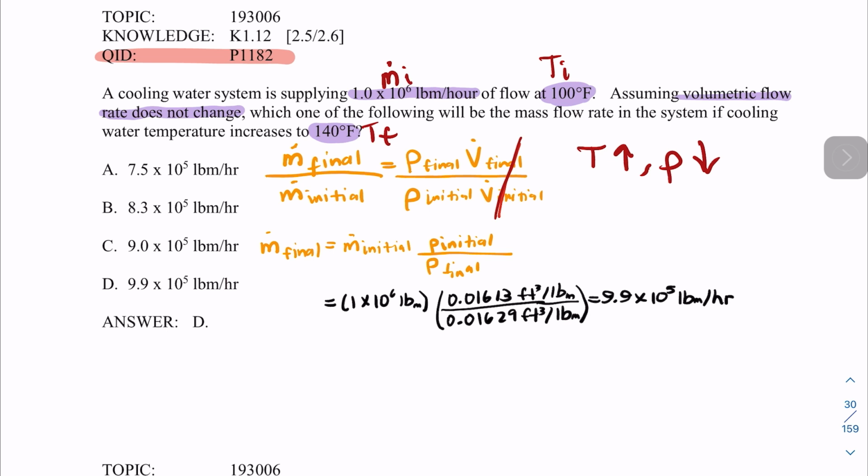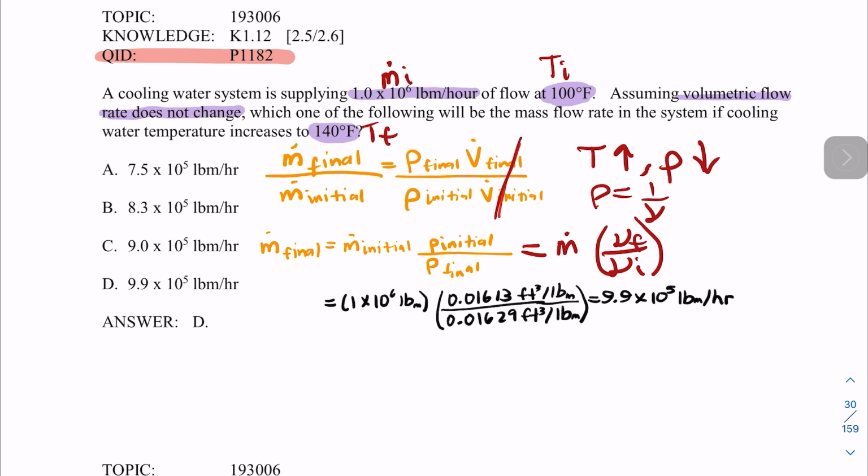So how is this change going to affect that? One of the things that we can do in here is say, okay, I just need to convert my density. So I'm going to have this formula. Density is equal to 1 over specific volume, right? So my new formula is going to be mass flow rate times the specific volume of the final over the specific volume of the initial, right?